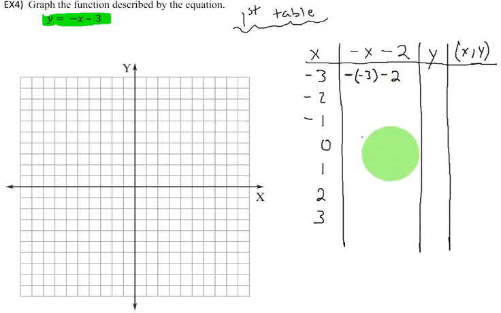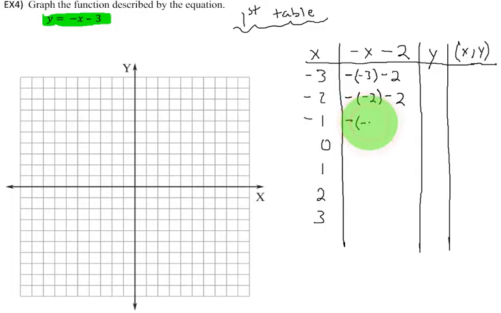And right now I'm just going to fill out the entire column before we move forward. So now I have my negative sign. Negative 2 in the parentheses, substituting that x, minus 2.